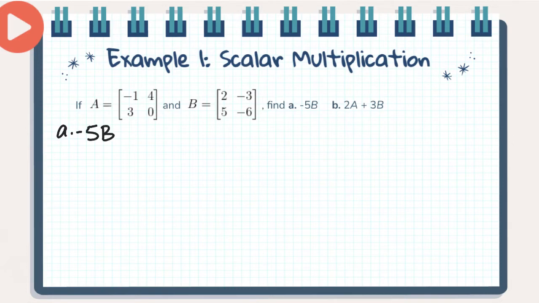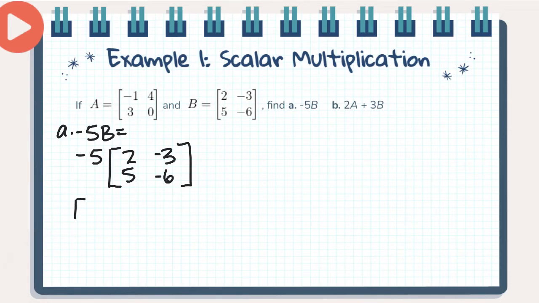-5B. So all we have to do to find this is to take matrix B and distribute that -5 out front. And now we have to make sure that that -5 is multiplied by every element inside the matrix.